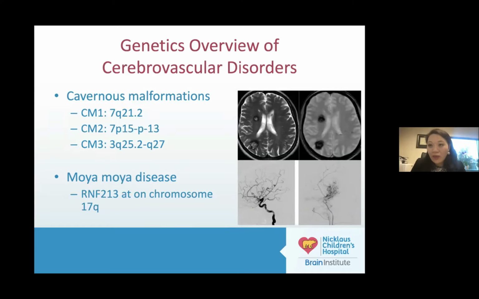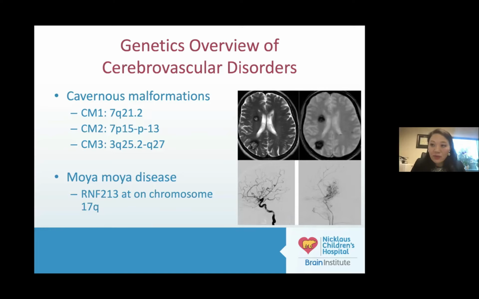These 3 genes encode the proteins CRIT1, MGC4607, and PDCD10, which is programmed cell death 10, respectively. We've also had greater understanding of the genetic basis of Moyamoya disease, which is a disease that often presents in the pediatric population.